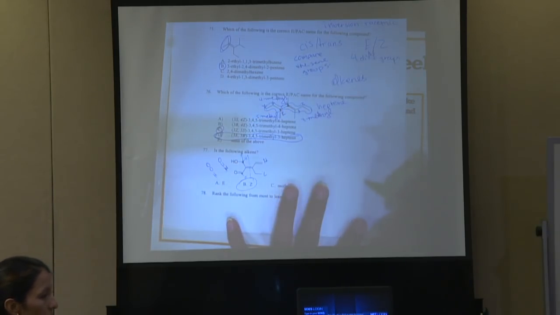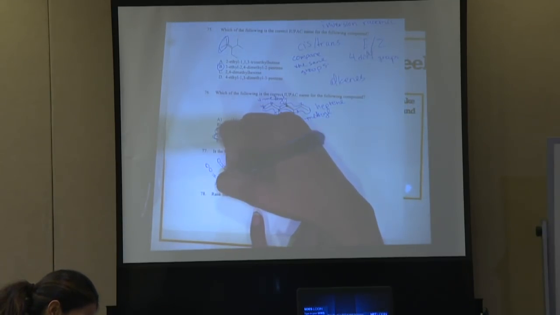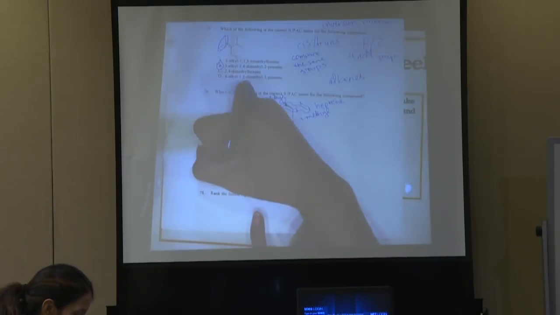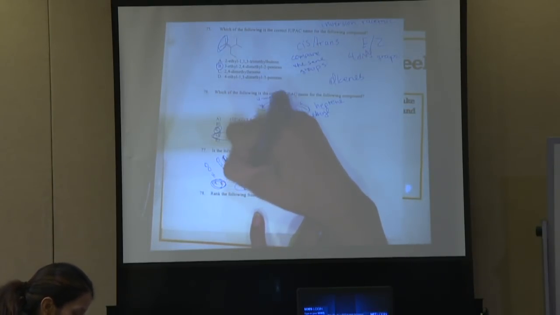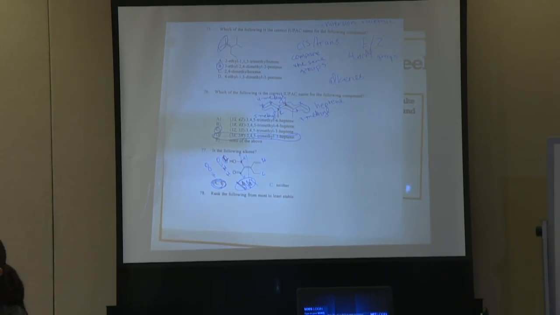Which one has a higher priority? The bottom one? High, and this is low. So which one are we picking? E? Does everybody see that? Okay. And you guys get how we broke the tie, right? We go one by one until you break the tie.